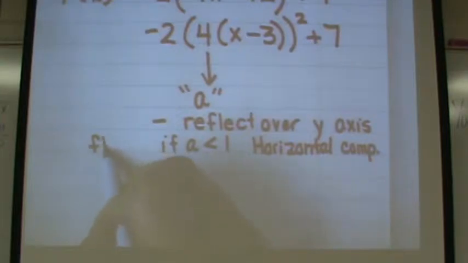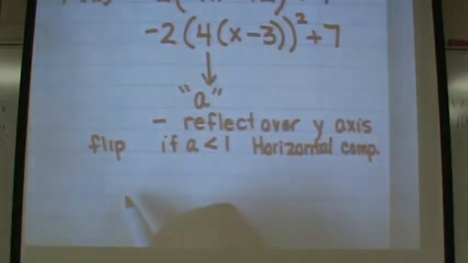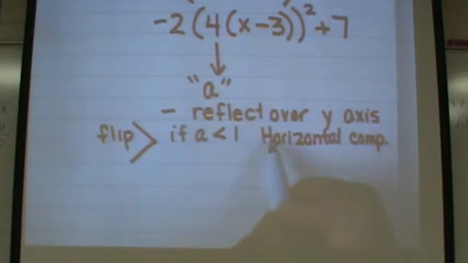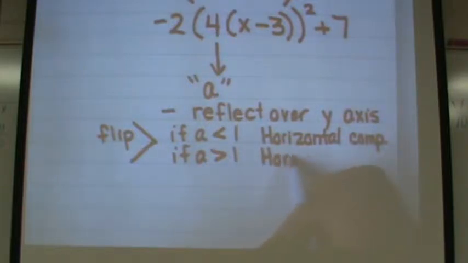So we flip it first, do the reciprocal of it. If it's less than 1, we say it's a horizontal compression. If A is greater than 1, it's a horizontal stretch.